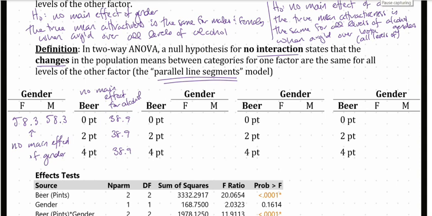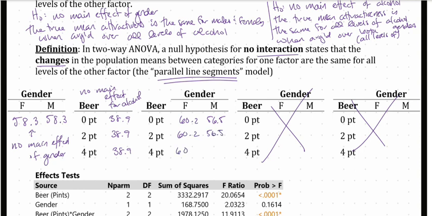I'm not sure why I have all these other plots. I only really need one more. If there were no interaction effect, we would see the same change in the mean response between males and females regardless of the level of beer. So we might see something like 60.2, 56.5, 60.2, 56.5, 60.2, 56.5.